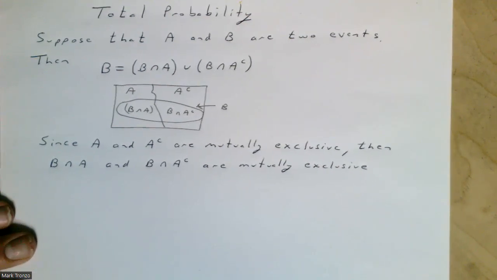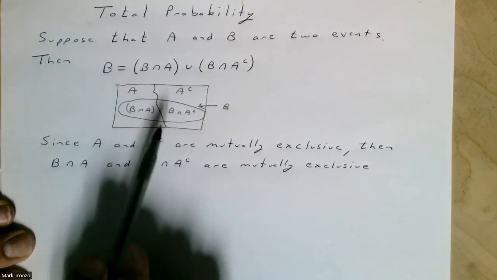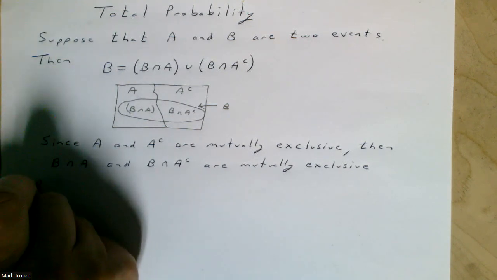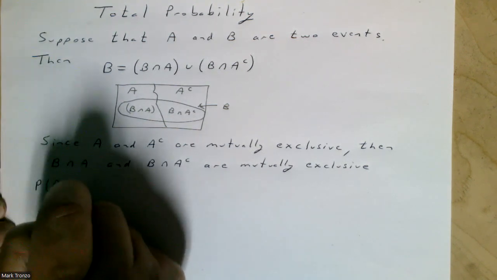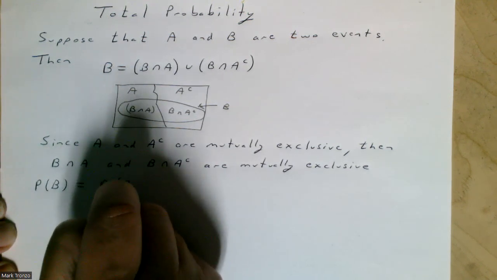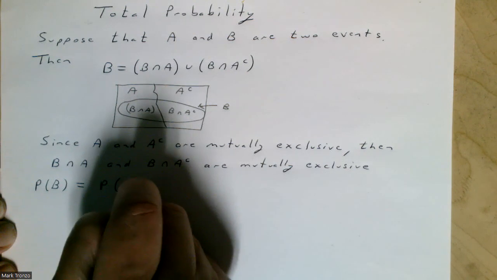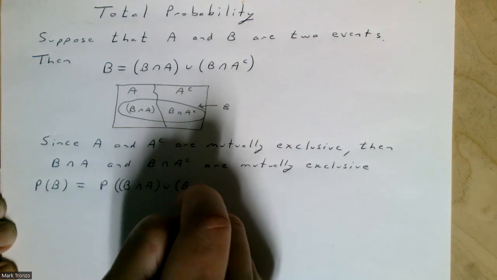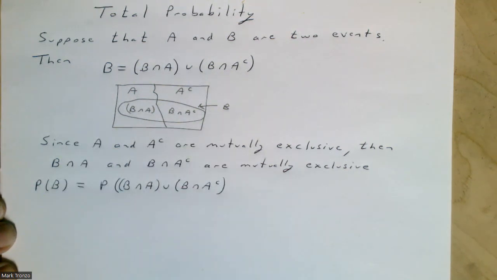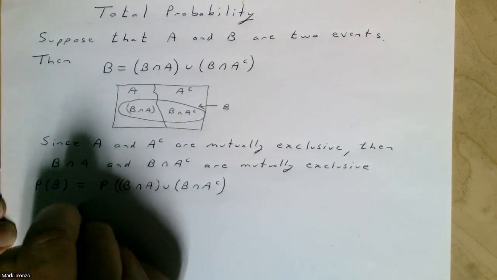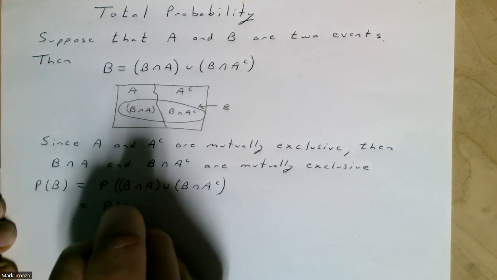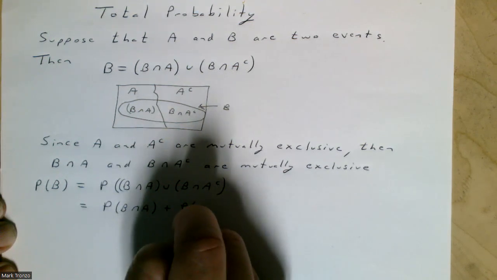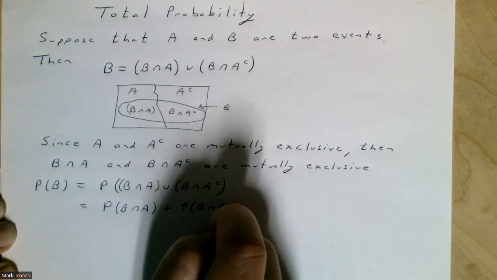So now we can say you get all of B by putting the union of these two. The probability of B intersection A union B intersection A complement is going to be equal to the probability of B intersection A plus the probability of B intersection A complement.